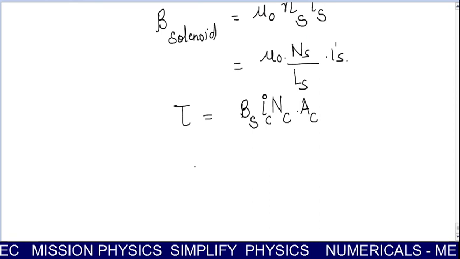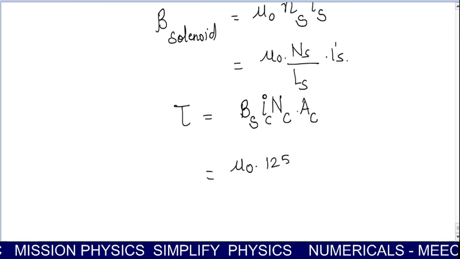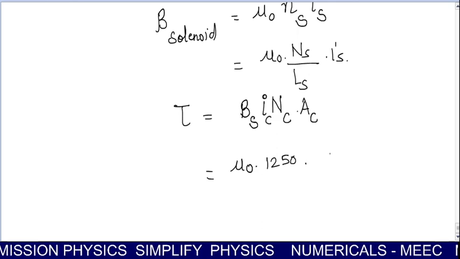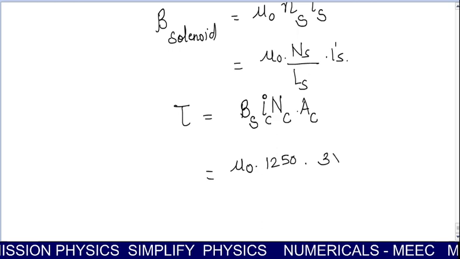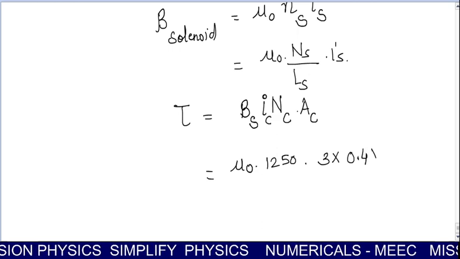Now we can put the expression for torque: mu naught and 1250, we have already found this answer, into the current in the solenoid, which is 3 ampere, into the current in the coil, which is 0.4 ampere.